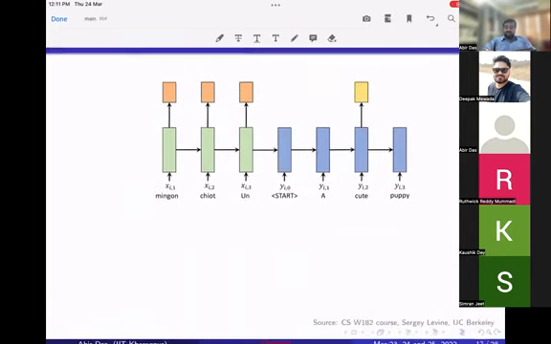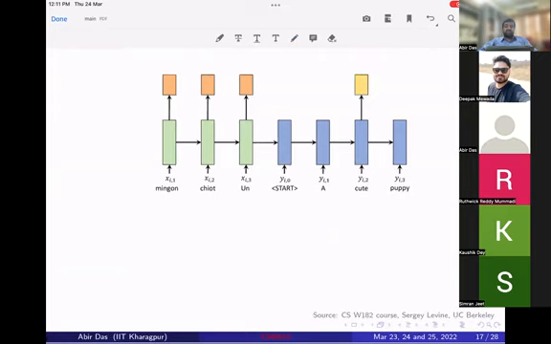Now let us see how we do it in terms of the mathematical formulation.